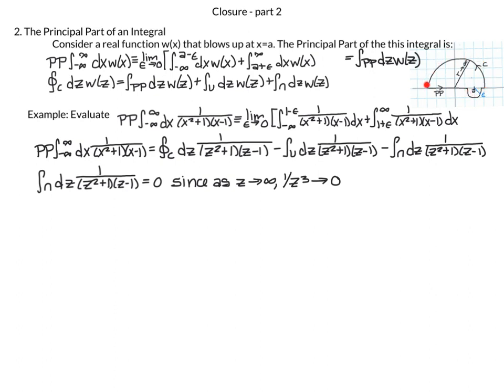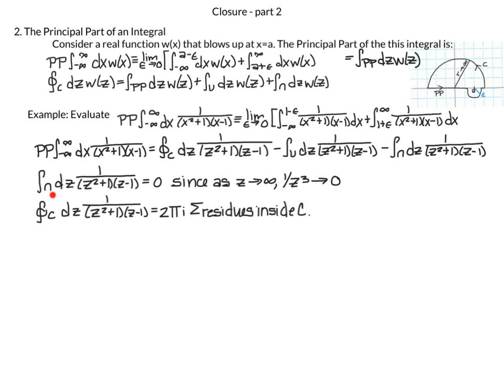And for this upper circle, your radius is approaching infinity, because you're trying to capture the real number line as you go from negative to positive infinity. So this trick works only for this part of the curve, where you're trying to close a semicircle, using the real number line as the bottom of your semicircle.